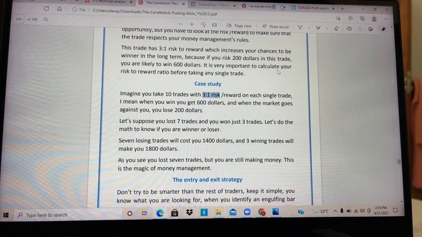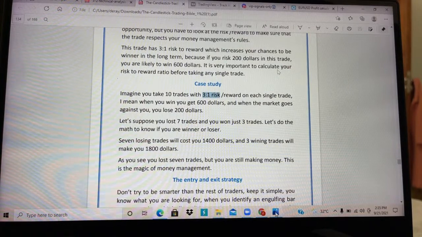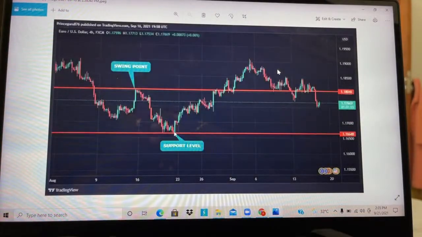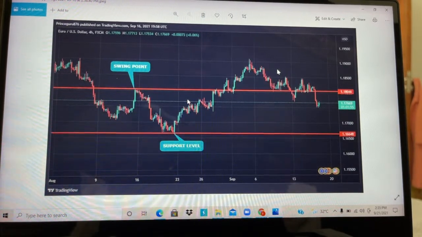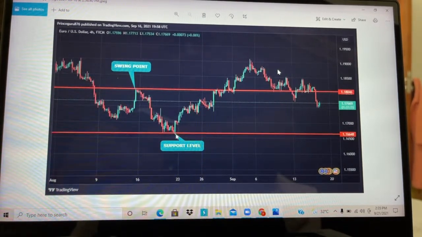That is why I mentioned every time we come on our charts, we want to have our TP at least 50 points away from the entry, and our stop loss 30 points below.